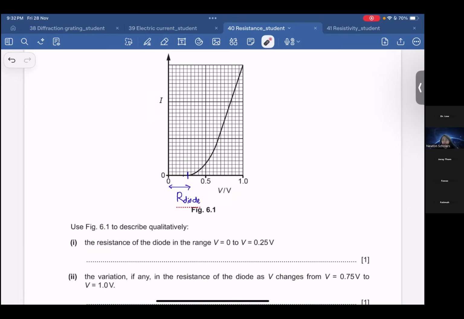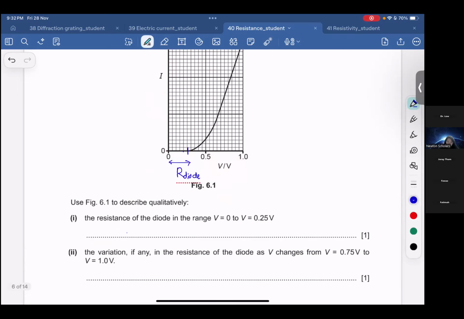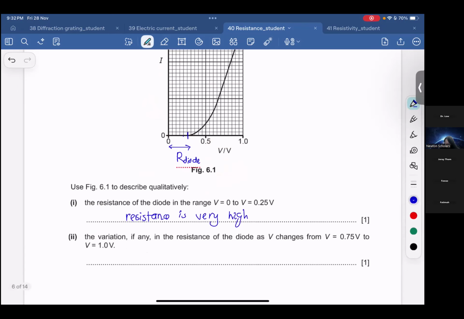Yes, Wesley, correct. The resistance will be very high at this moment. Even if I supply some voltage, there is no current. Here, the resistance is very high.